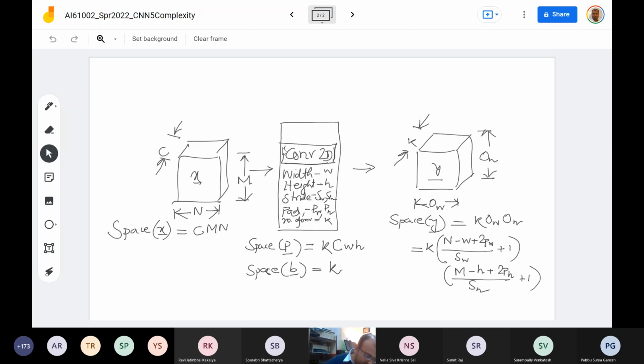And to make things simple, let me write down that X belongs to R power of C cross M cross N. Here P belongs to R power of K cross C cross W cross H, and bias belongs to R power of K cross 1, and Y belongs to R power of K cross OH cross OW.